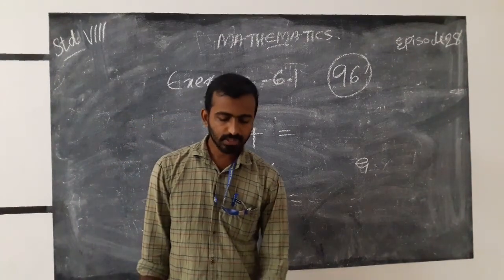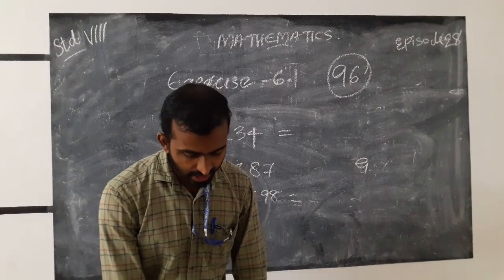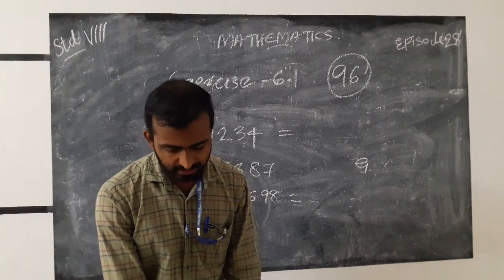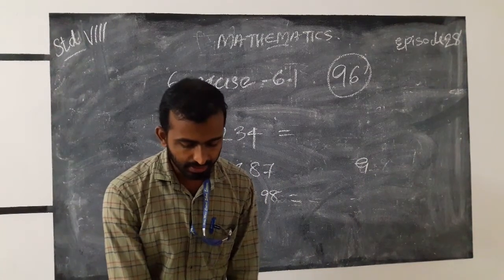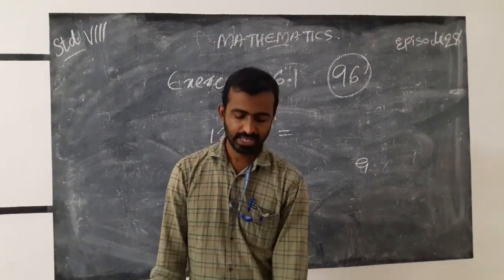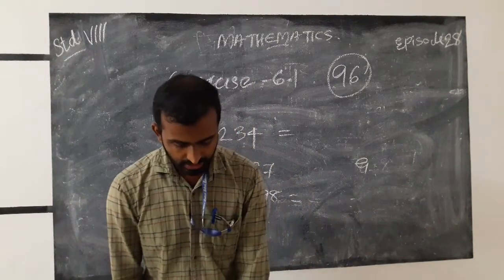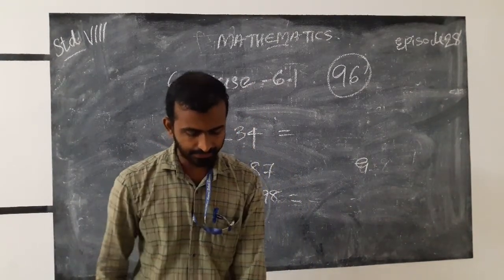And next is the second question. The following numbers are obviously not perfect squares. Give reasons. Some numbers are given that are not perfect squares, and we want to give the reason.